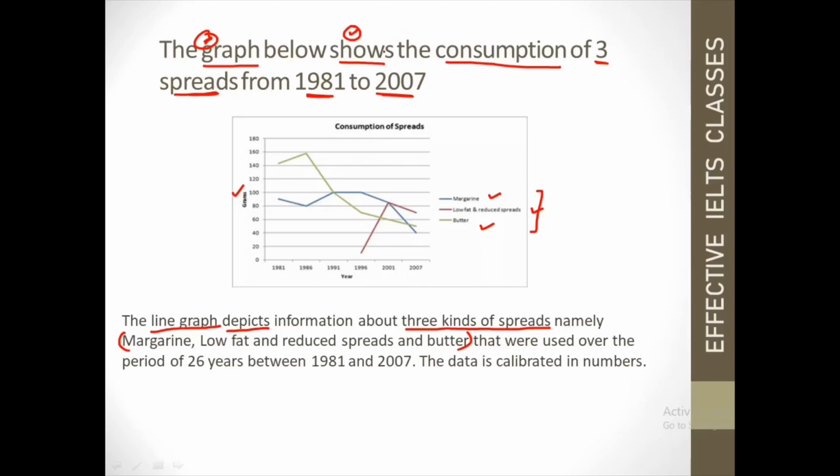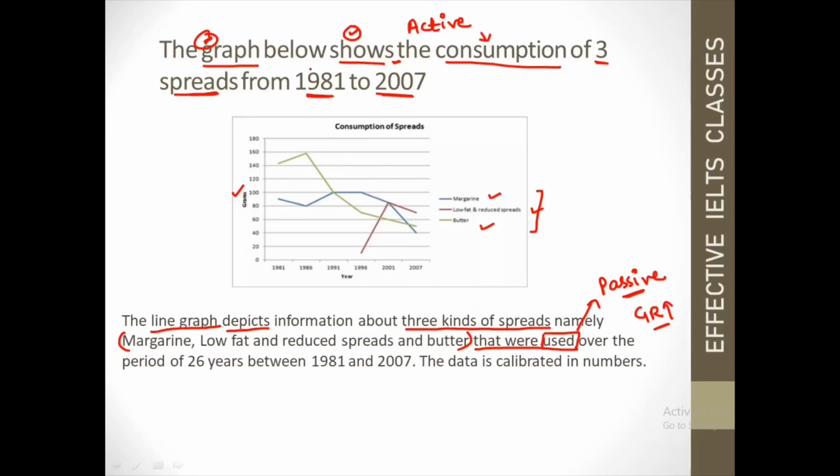Now, in the question, they used active form, shows the consumption of. What I did is, I changed its form to passive by writing that were used. By this our grammar range will increase. Also I wrote used, which is the synonym of consumption, so it will boost our LR score as well.